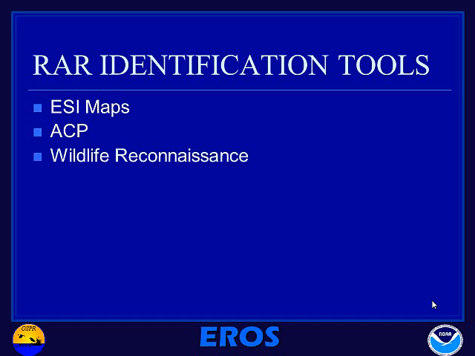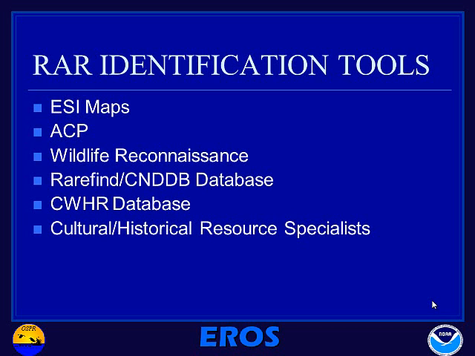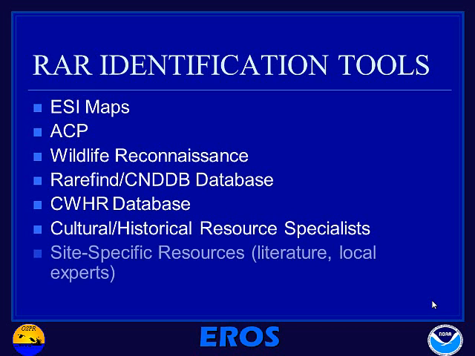The wildlife reconnaissance I talked about from the ops section. Rare Find and the California Natural Diversity Database. The California Wildlife Habitat Relationship Database. Cultural Historical Resource Specialist. Site-specific resources such as literature and local experts.